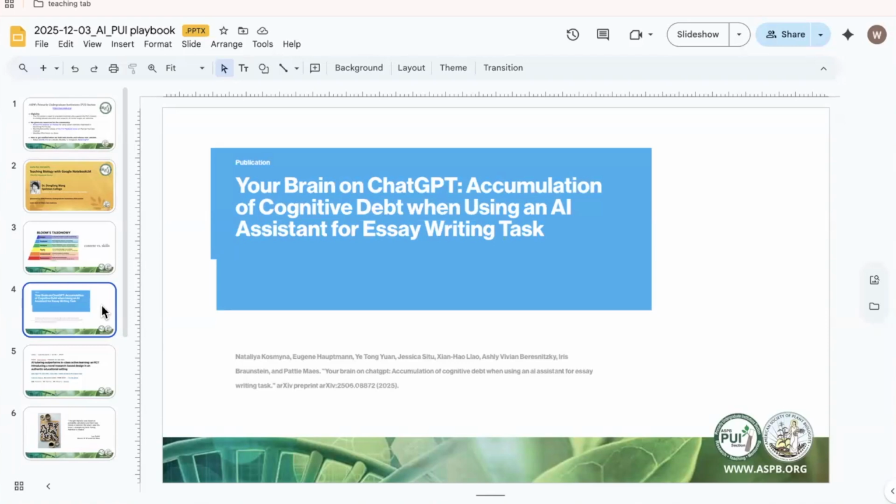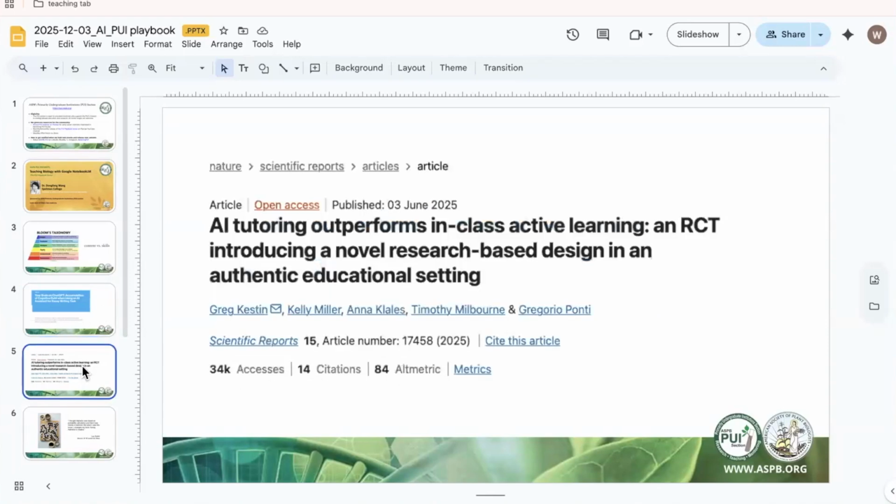The take-home message here is that using an AI tool will reduce cognitive load, preventing students from developing higher-level skills. Another study, coming out of, this might be Stanford, showed that using AI tutoring actually outperforms in-class active learning. If you really read the two, they're not really contradicting each other.